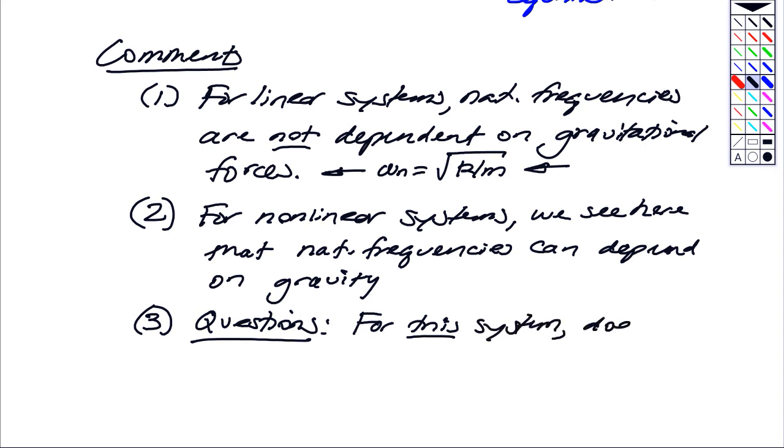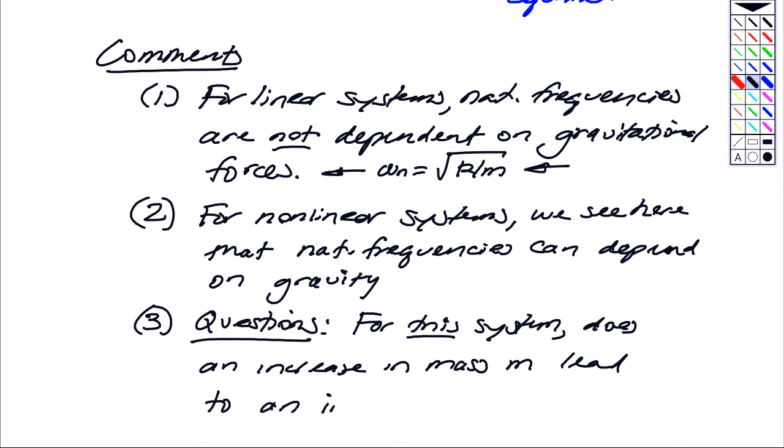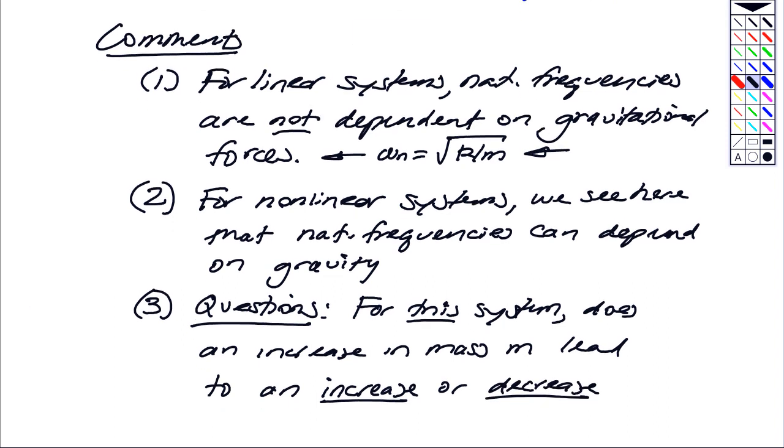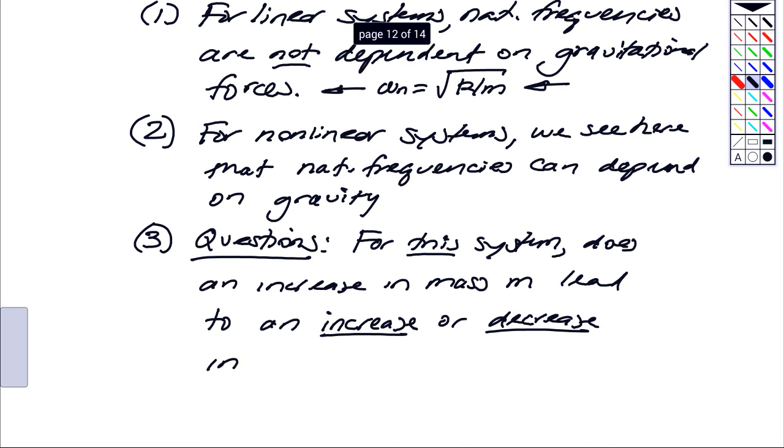For this system, does an increase in mass m lead to an increase or a decrease in natural frequency omega n?